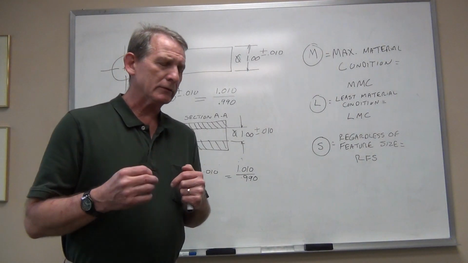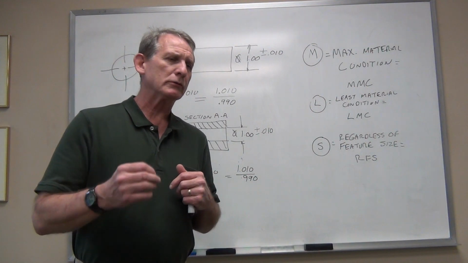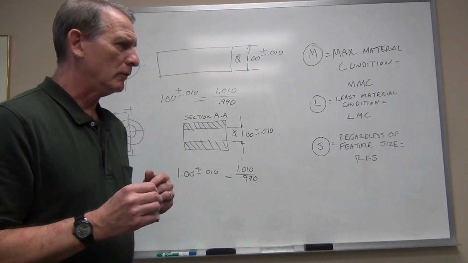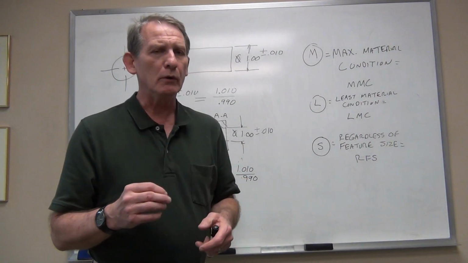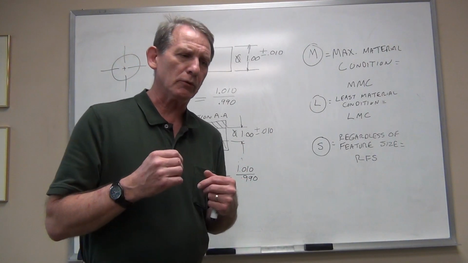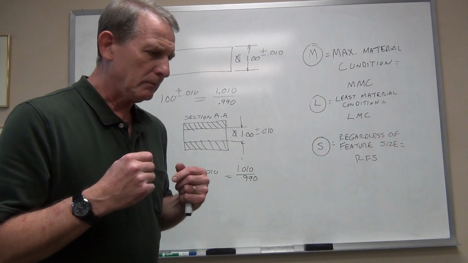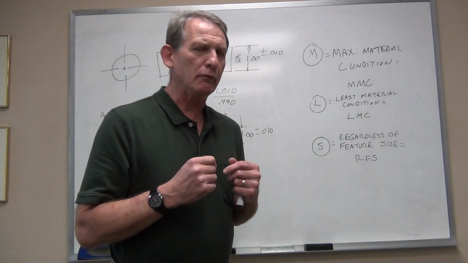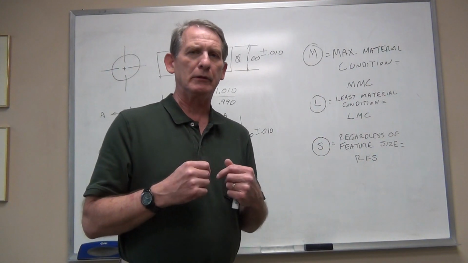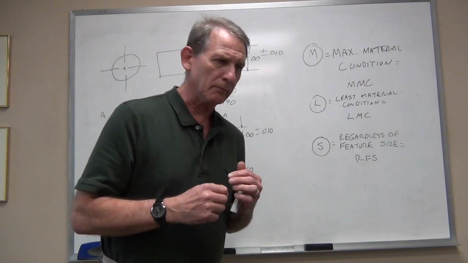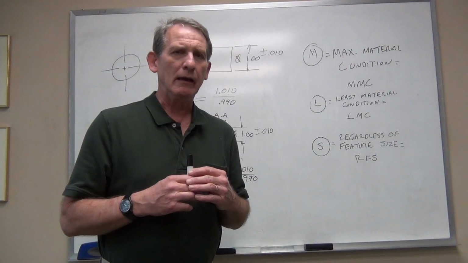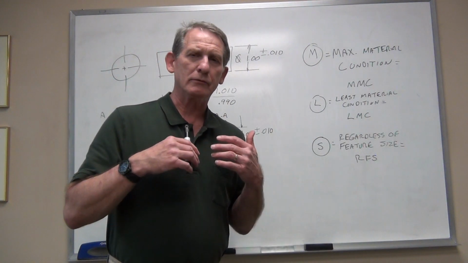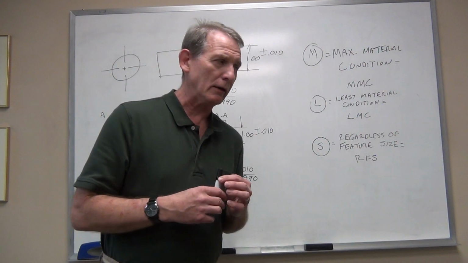And in the second video then, once we've figured out what the limits are and what material condition we're dealing with, we'll slowly step through how to evaluate the tolerance zone based on that material condition for that specific feature. So again, it's a multi-step process, and you have to get the first steps right, or the next steps aren't going to be right at all.